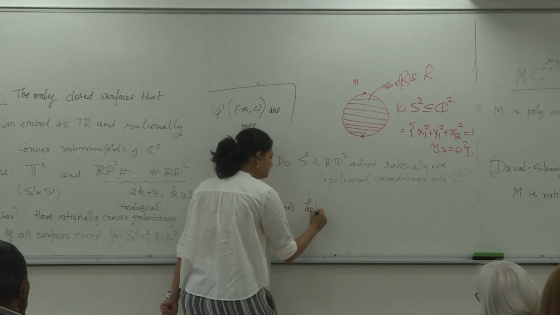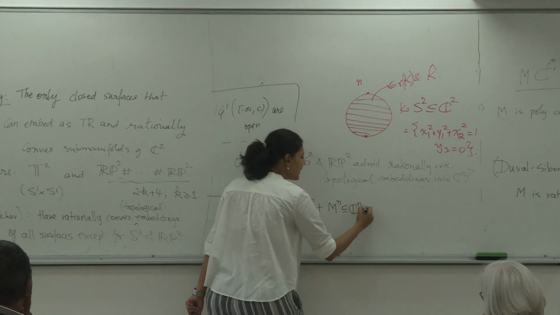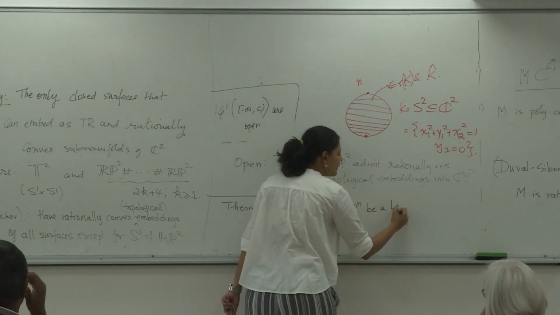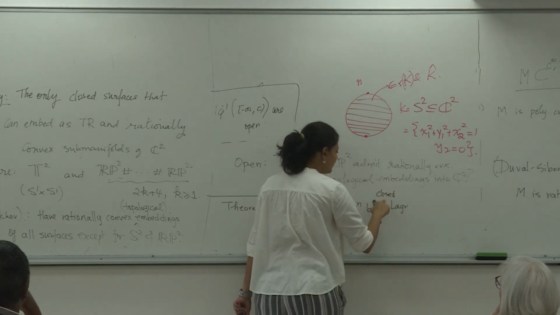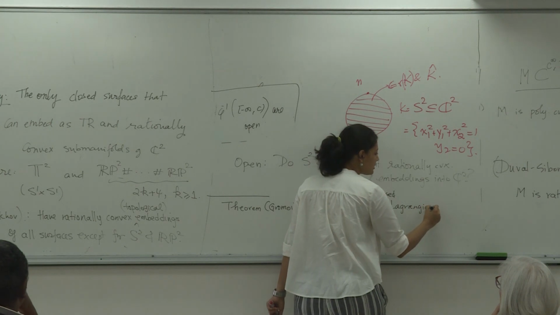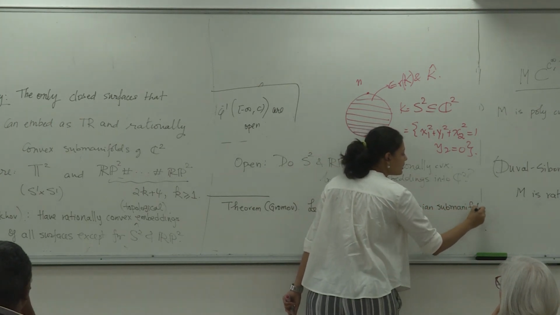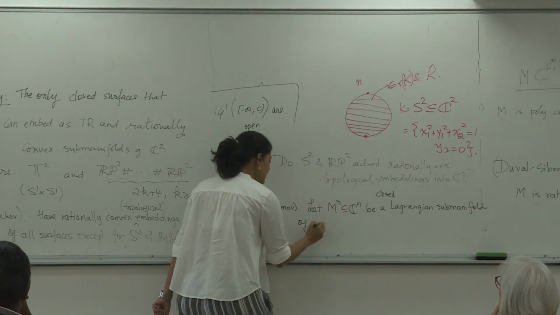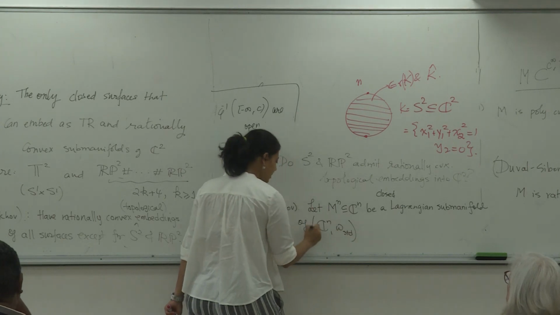So let M, this is real n dimensional, be a closed, and by closed I just mean compact without boundary, Lagrangian submanifold of Cn with the standard symplectic structure.